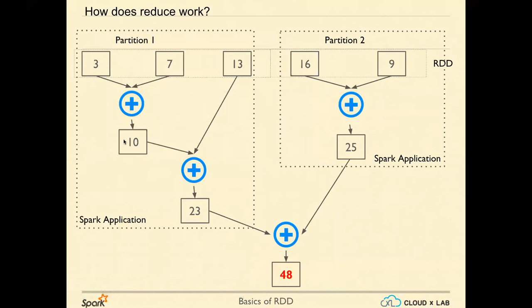Correct? So your function is being called how many times? N minus 1. And hence, if you have 100 elements, it will be called 99 times. Are you clear about why it's n minus 1?